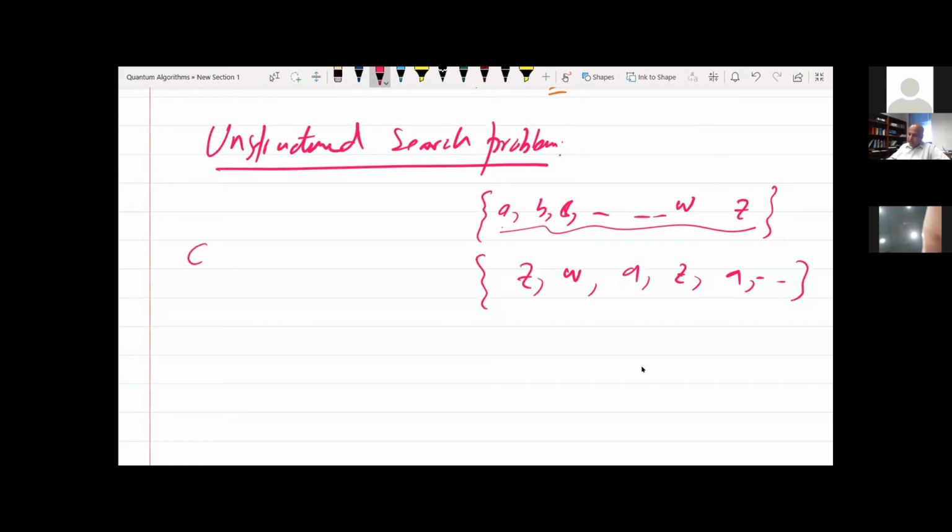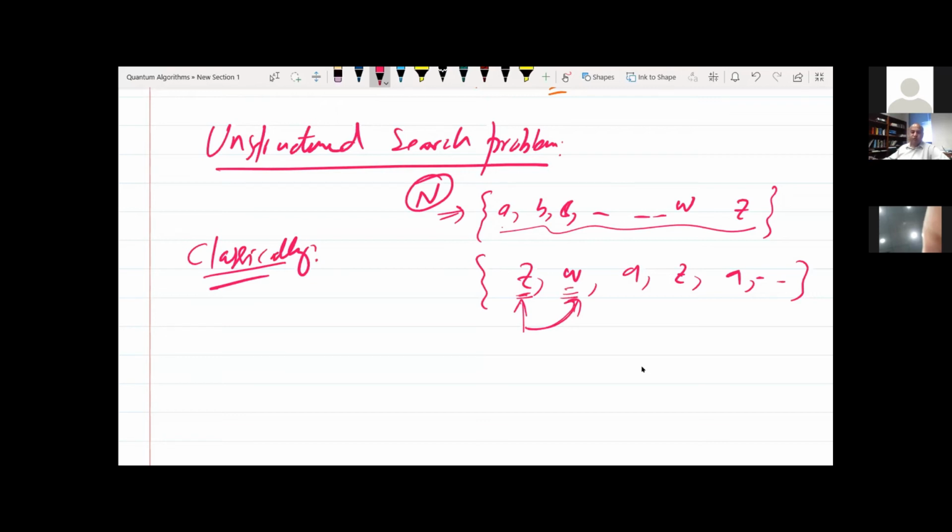So classically, let's say there are n items. What we will do is, let's say, start from one side. We say, okay, let's check the first element, and you check it's Z, it's not W. So you go to the next one, you check it's W, yes, it's W, so stop.